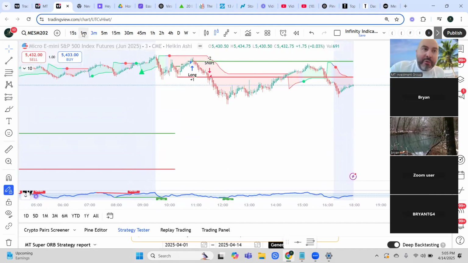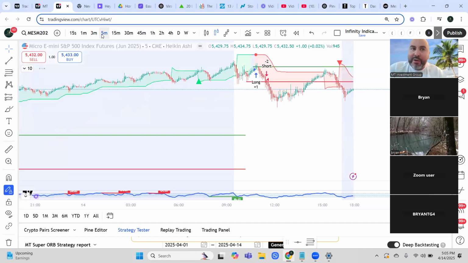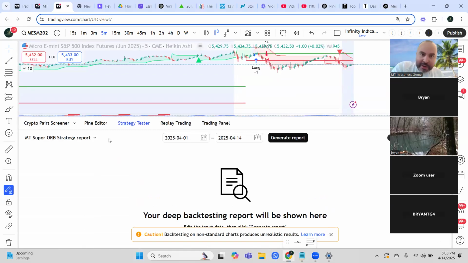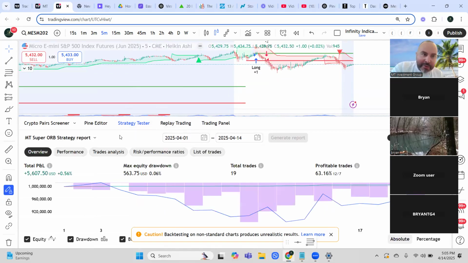With the ORB, typically you can use the 5 minute chart or 15-minute chart. This is typical, and with this strategy, this seems to work the best. Here's the strategy, and this is just for the month of April on the 15-minute chart, just trading the MES, and this includes commissions as well.